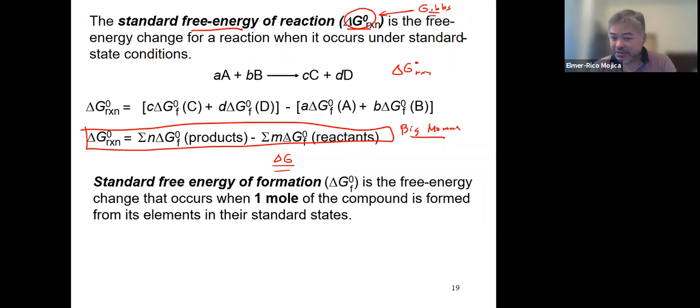And there's also a value of this, what we call delta G. If you have the chemistry book, usually they have an appendix that lists the delta G, the delta H, and the delta S. And you will see the difference between the delta G, the delta H, and the delta S. The delta G and the delta H can have a value equal to 0.